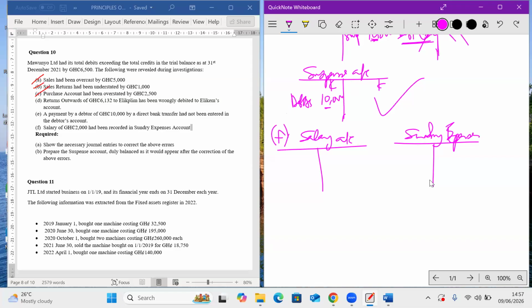So the next question I would have asked is, where in the sundry expenses did they record it? First, understand that the 2,000 belongs to salary, but they have given it to sundry expenses. Which side did they record it?